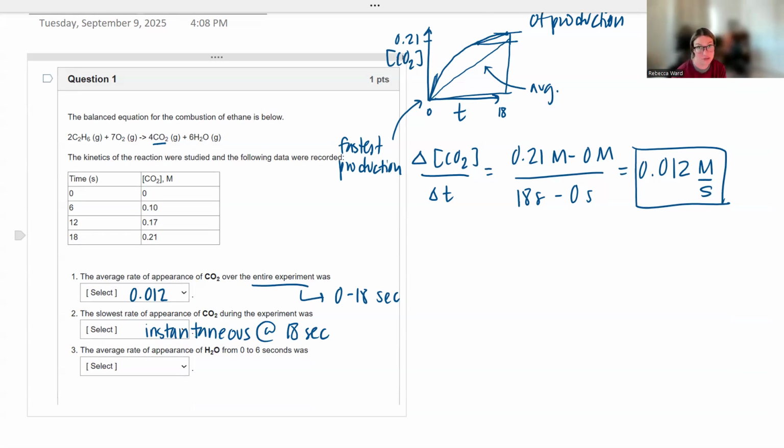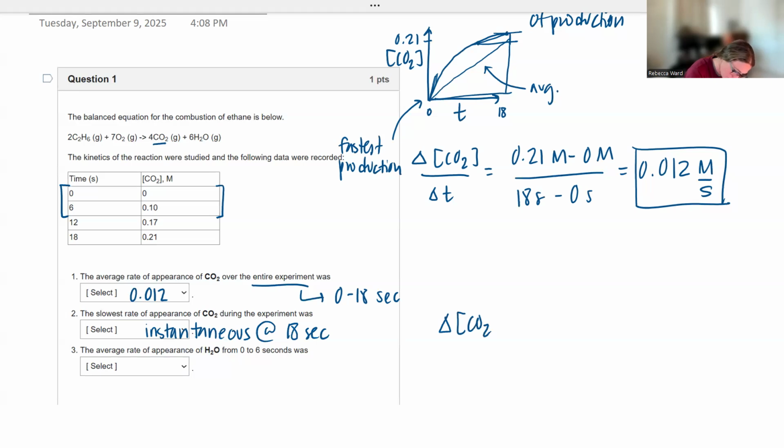The average rate of appearance of water from 0 to 6 seconds was. All right, so this is an interesting question. It's multi-step. We need to first get the average rate of CO2 production from 0 to 6, and then we can translate that into production of H2O using our stoichiometric ratio, or if you want to think about it in terms of the average rate equation, either one is fine, but let's start with this.